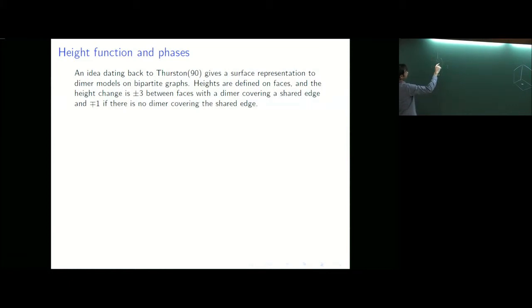And then for the other faces where we don't have dimers covering the shared edges, these go up or down by 1 or -1. The convention will be that if we go from one face to another face and the shared edge has the right vertex being green, then we'll go up 1.